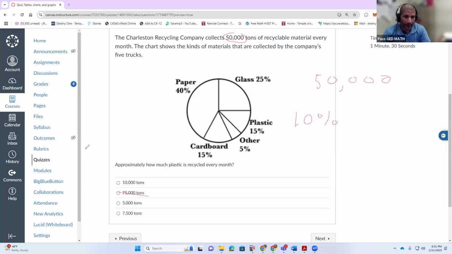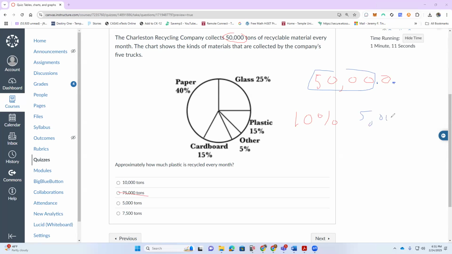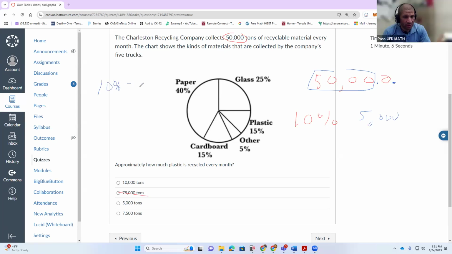Let me go back real quick. You go back to the 0, put a point there, and then count. 10% is 5,000. Remember, 10% is 10 over 100 or 1 over 10.